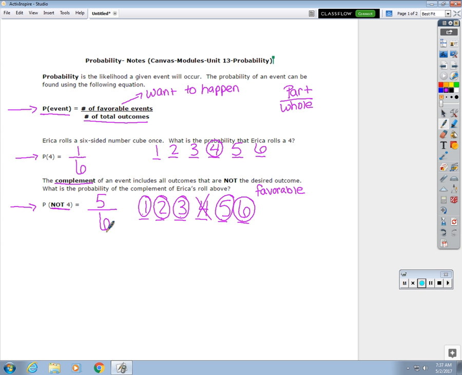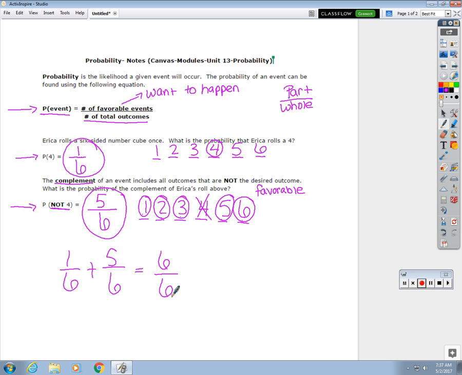One thing I do want you to notice: if we take the probability of her rolling a 4, 1/6, and the probability of her not rolling a 4, 5/6, that is going to equal 6 over 6.